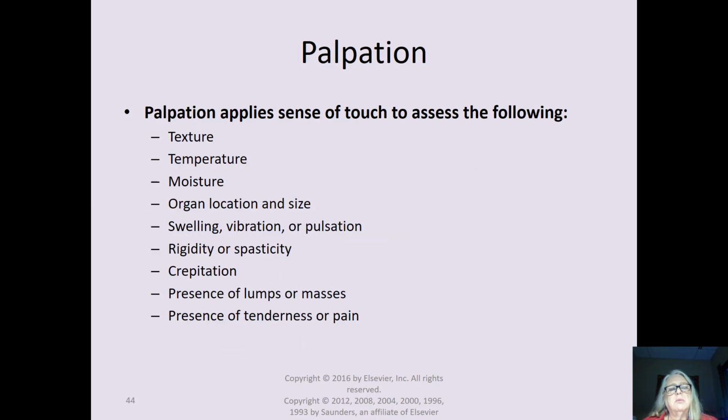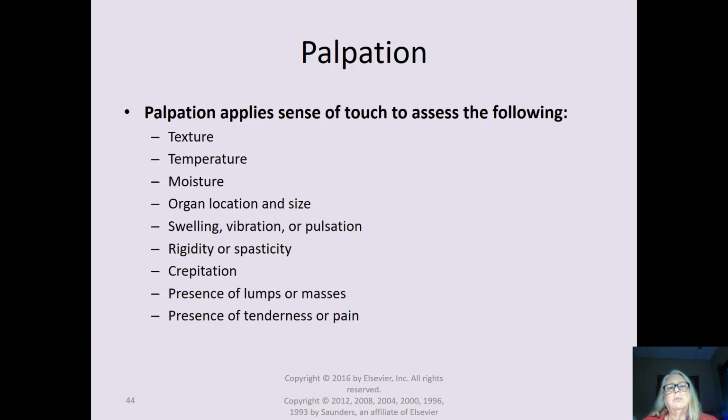Palpation, which means touching the patient. So you're going to be touching the patient, feeling for texture, temperature, moisture. This is specifically relating to the hair, the skin. And as we progress through the skills assessments, you're going to be pressing into aspects of their skin, feeling their lymph nodes, feeling their organs.